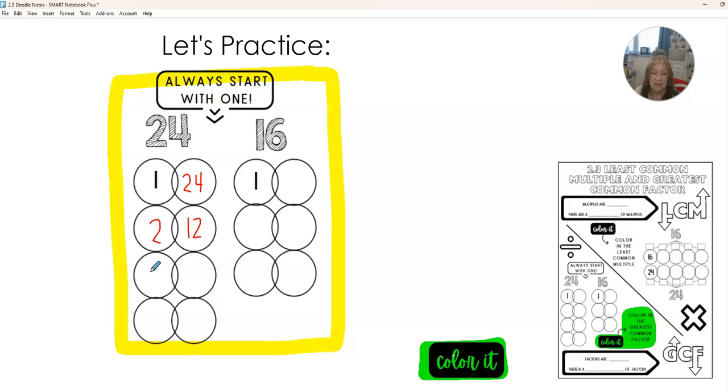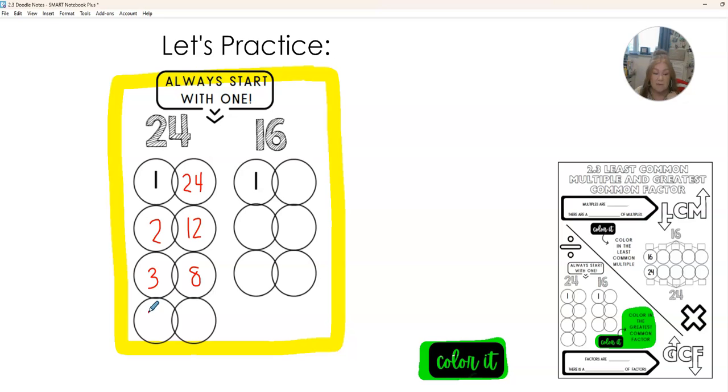Yes, that went in there 8 times. So 3 and 8 are the partners. You're coming up with partners that 24 can be divided by, and the partner is the thing you would multiply to get to 24. So 1 times 24 is 24. 2 times 12, 24. 3 times 8, 24.